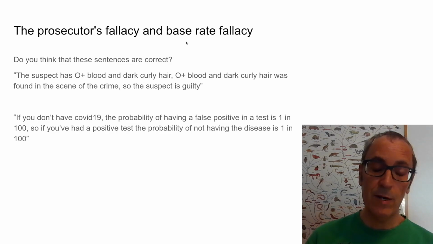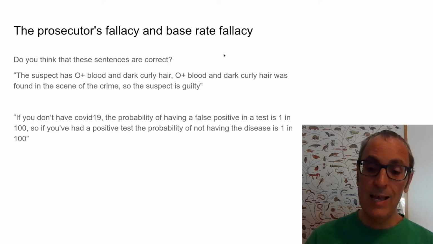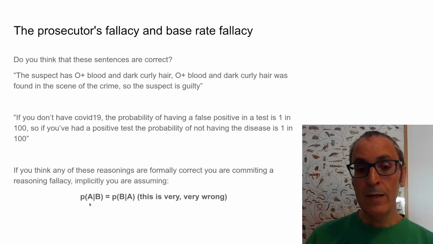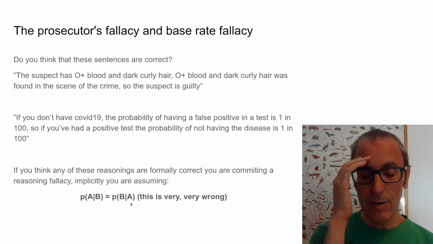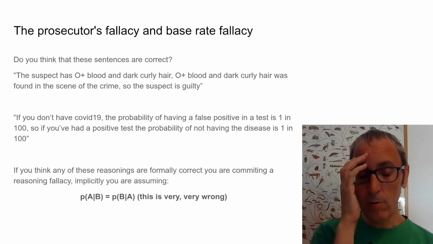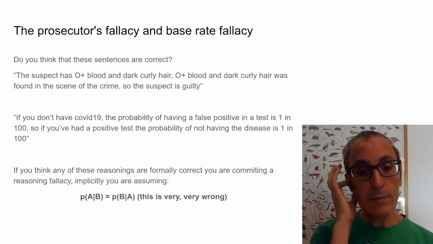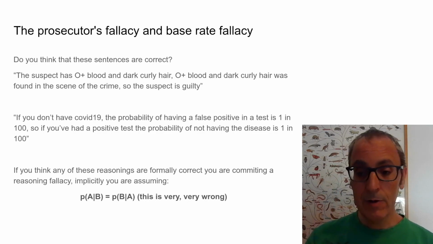It's the same kind of fallacy; it has two names. Basically, you are thinking that the probability of A given B is the same as the probability of B given A. This is a very natural thing to think, but it's very, very wrong. These probabilities are not related like that.